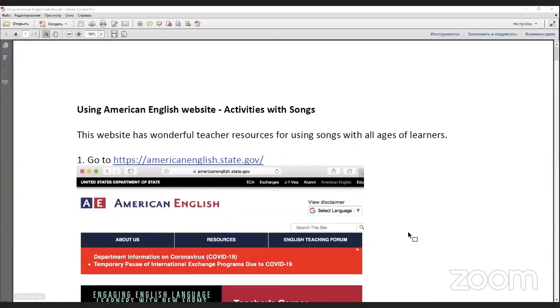Can you see this? You can also, for example, make some screenshots for your colleagues.